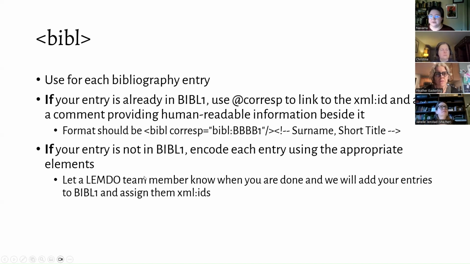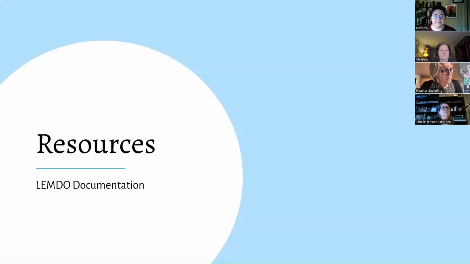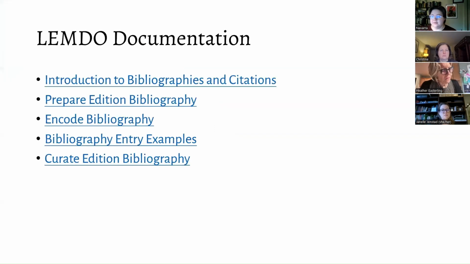If whatever your entry is not in Bibl1 yet, encode each entry using the appropriate elements. Once you're done, let us know, send me that email, and we'll add them to Bibl1 and assign those XML IDs.